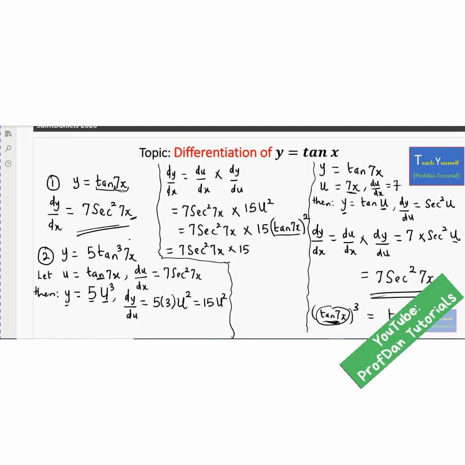This tan 7x all squared can be written as tan squared 7x. And finally, since they are multiplied, we can multiply 7 and 15, which will give us 105. Then we are left with 105 sec squared 7x tan squared 7x.